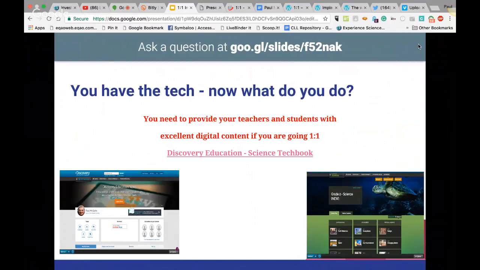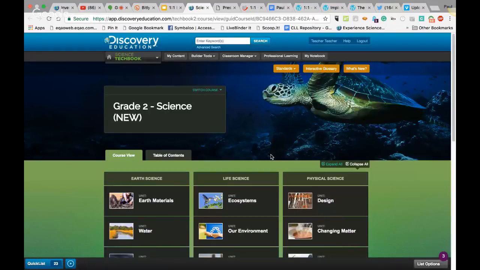Here I have a few resources, and for me, this is where I did a lot of my learning, trying to track down really good resources for the teachers. One of them is Discovery Education, and I got the link to the Science Techbook. This may not work for you depending on what school board you are in, because this is curated material that you actually have to buy from Discovery.